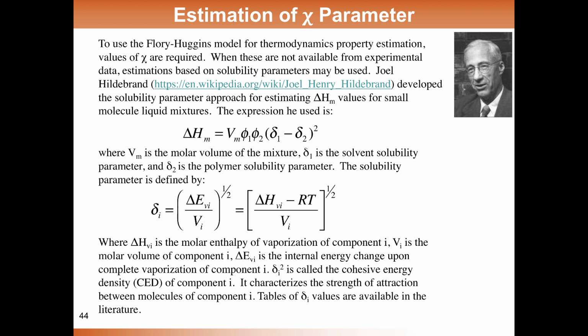And so it requires a lot of energy to get them to vaporize. That means they have high cohesive energy density, a high level of energy favoring cohesion, or favoring the molecules to stick together.